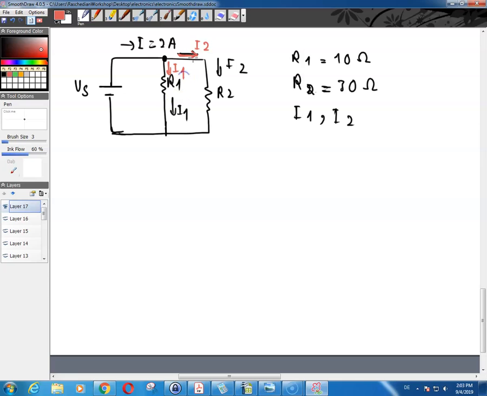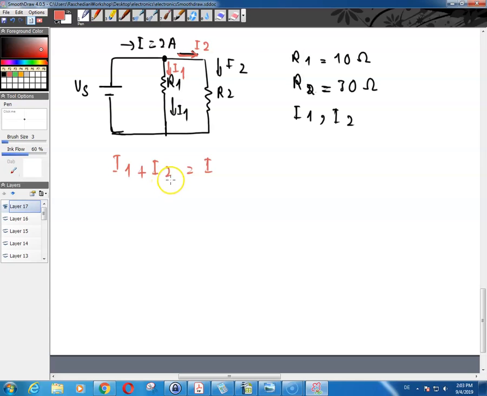That means that I1 plus I2 is equal to I, because it's a parallel circuit.